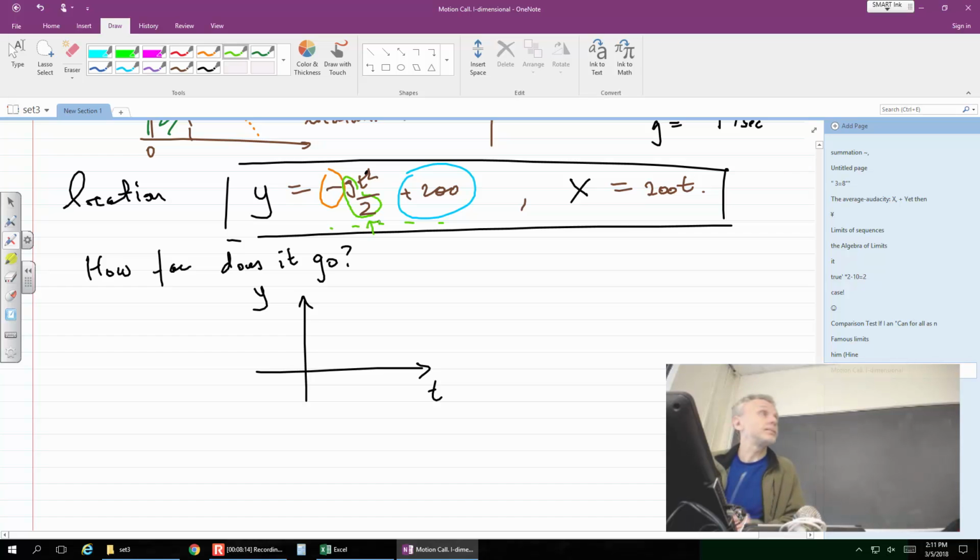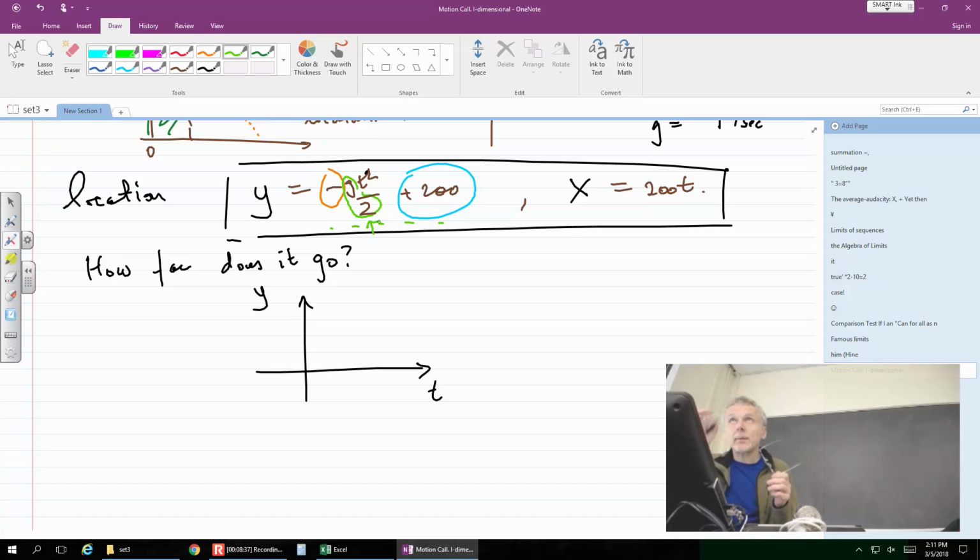This part. If we multiply a function by some positive number, what happens? It vertically stretches, and since it is 16, it will be literally stretching vertically.